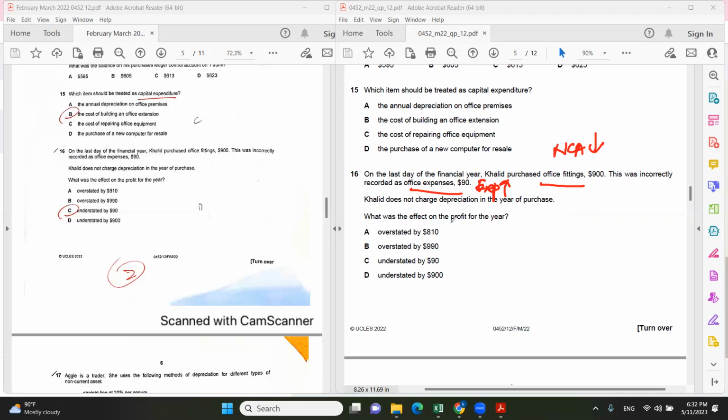What was the effect on the profit for the year? When expenses increase, profit will decrease. But decrease by how much? 900 only, because they say here they do not charge depreciation in the year of purchase. That means no depreciation, so our profit should be understated by 900 only. Clear? Okay, next.